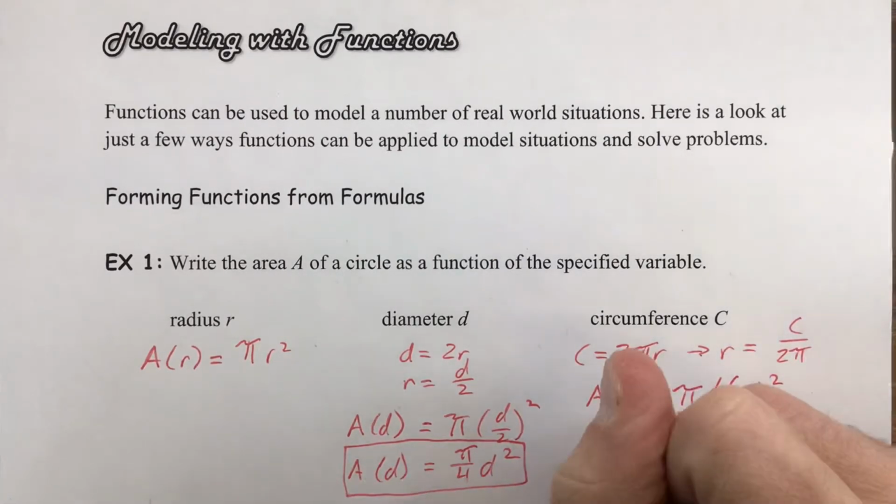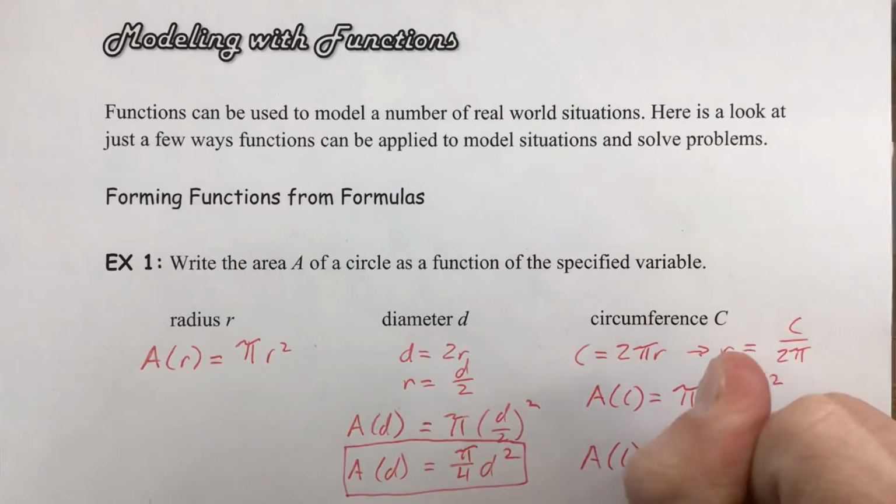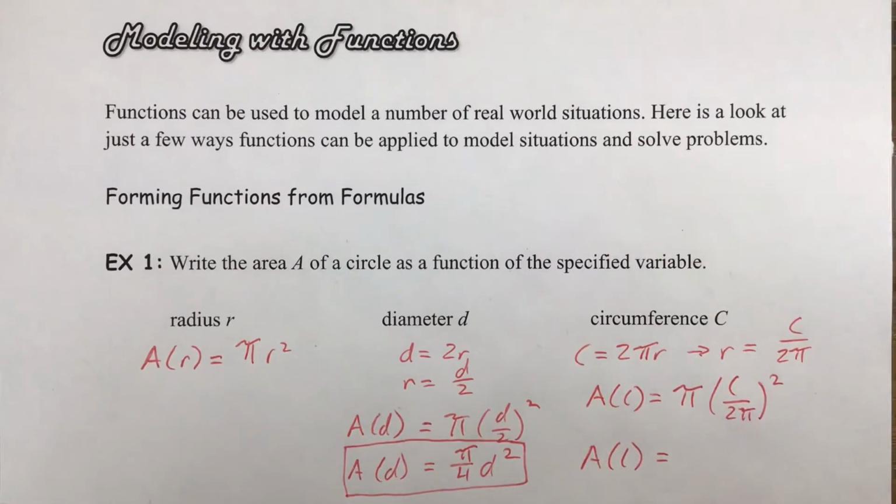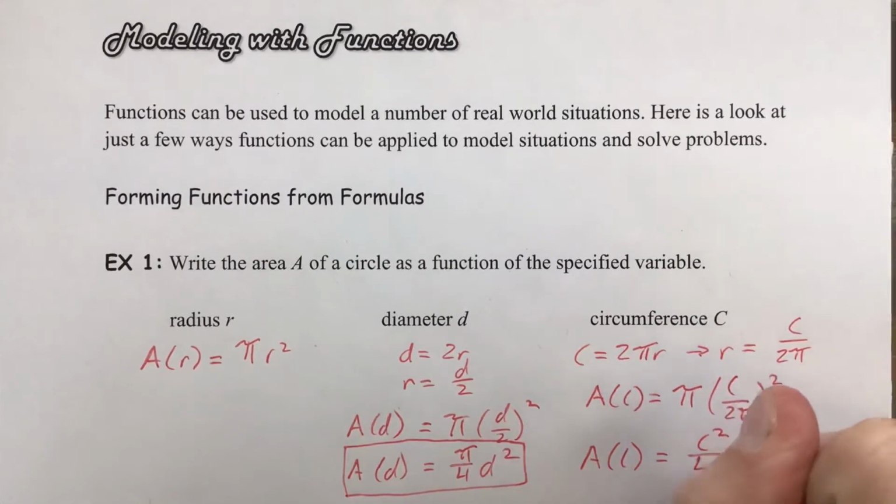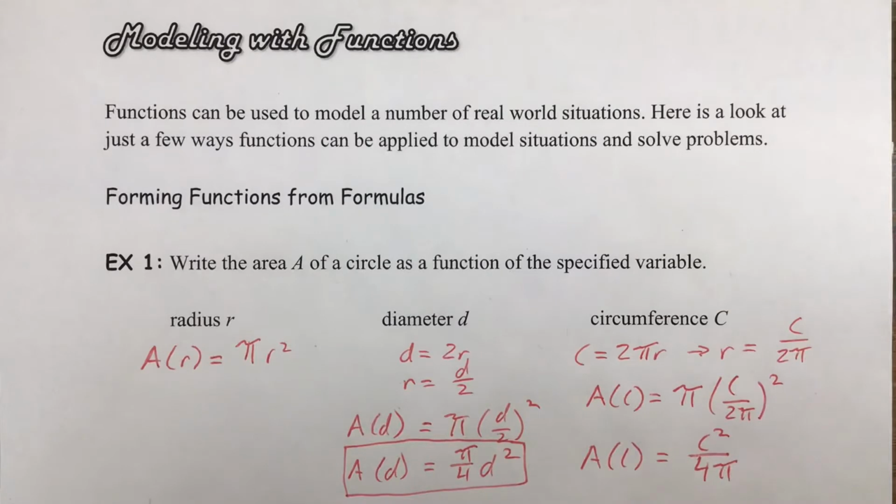Ultimately, with a little bit of algebra, what we're going to get is a C squared on top, circumference squared on top. The denominator is going to be 2 to the second power, which is a 4. You also get a pi squared, but one of those pi's is going to cancel with this one. So we get 4 pi.